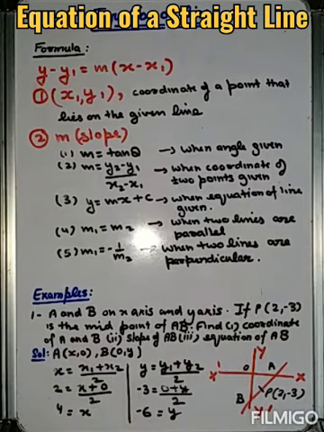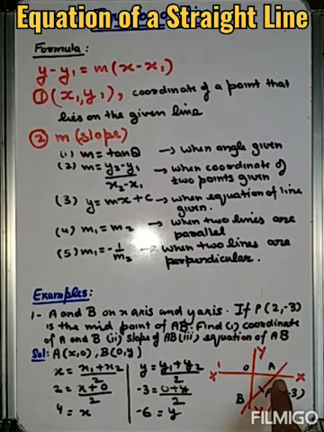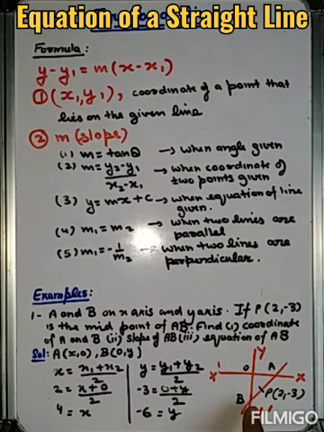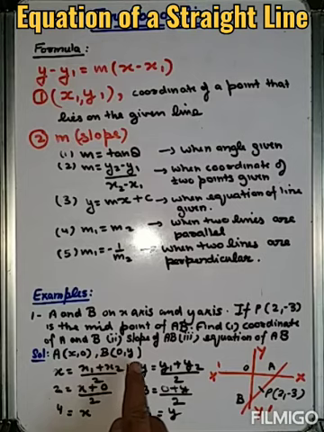First of all, we have to find the coordinates of A and B. We know that this point is on the x-axis. Whenever any point is there on the x-axis, the coordinates are (x, 0). Whenever any point is there on the y-axis, the coordinates are always (0, y).